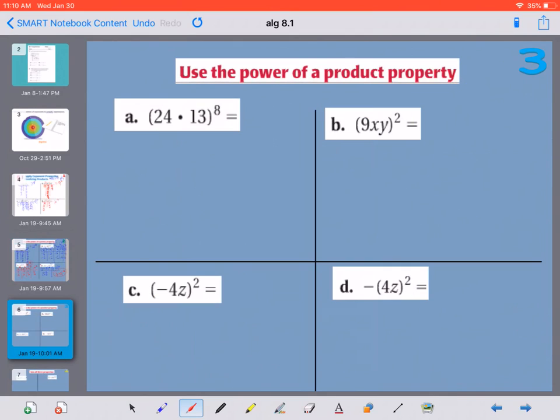Now, the power of a product property. Before, I said we couldn't simplify because it was an addition sign. Well, now we have a multiplication sign. So what this is saying is that there are 8 24s and 8 13s. So I could write that out, 24 8 times, and 13 8 times.